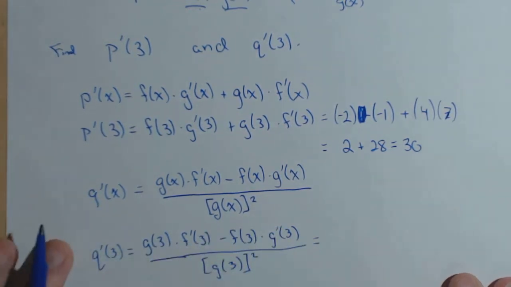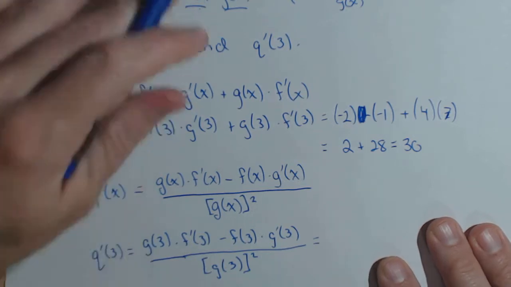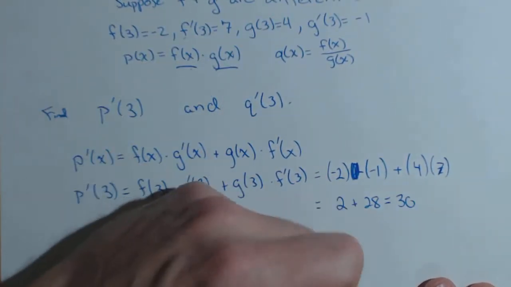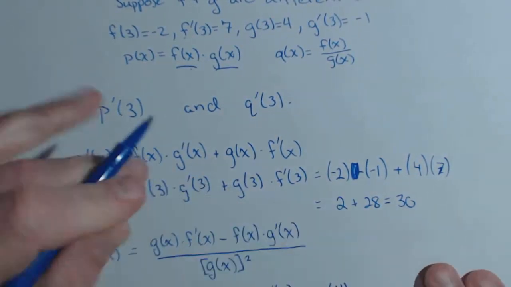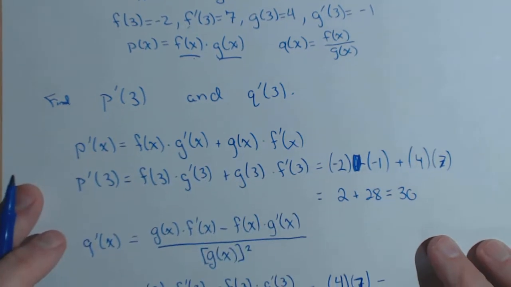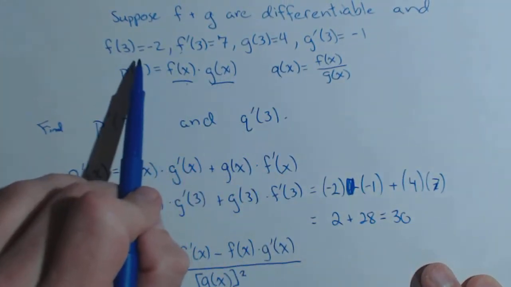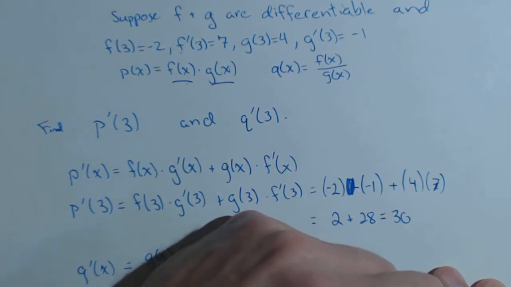Now, I know you can't quite see the values, so I'll remind you of what they are. G of 3 was 4. F prime of 3 is 7, so those are the first two. Minus f of 3 and g prime of 3. F of 3 was -2.